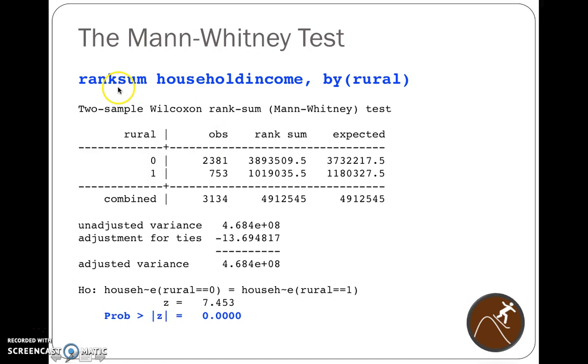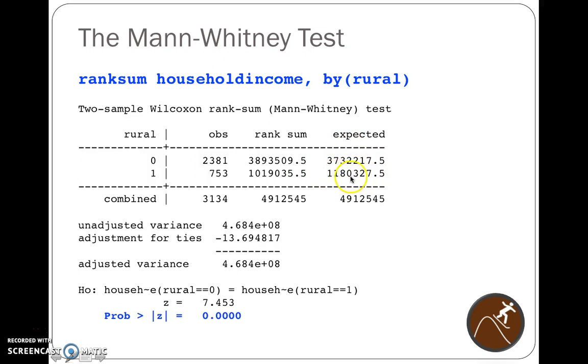So it does this test, and when it does it, Stata says 2 sample Wilcoxon rank sum, and it calls it Mann-Whitney test. And it's got 2,381 observations for non-heavy rural, 753 observations for heavy rural counties, and then it generates these rank sums of what we actually have, and then this is what we would expect.